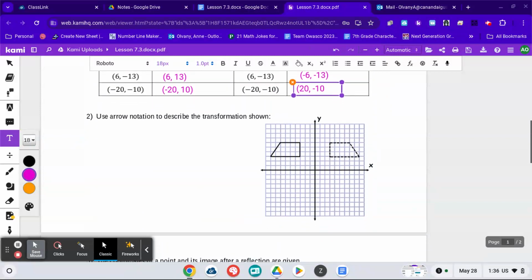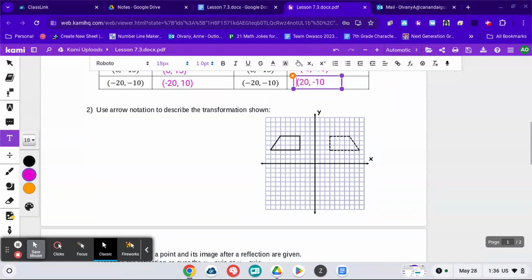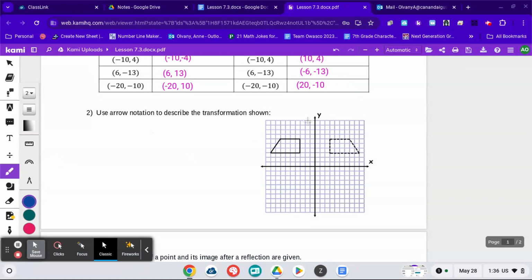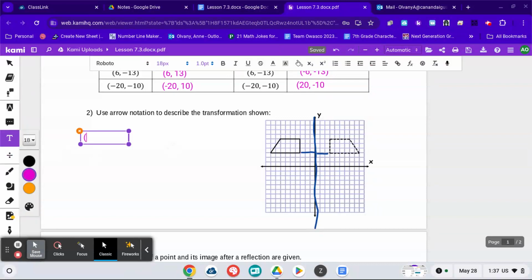All right. Now we're going to use arrow notation to describe this transformation. You can see that this looks like we folded it over the y-axis, right? It looks like we folded it right here. And you can see that if we count 3 over to the y here, we count 3 to get here. So this is a reflection over the y.